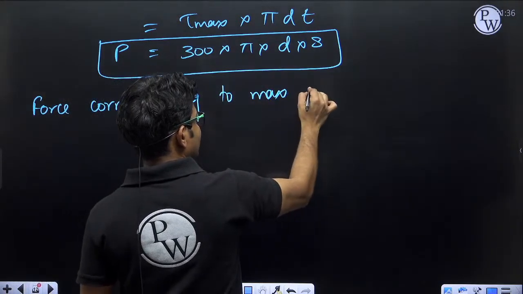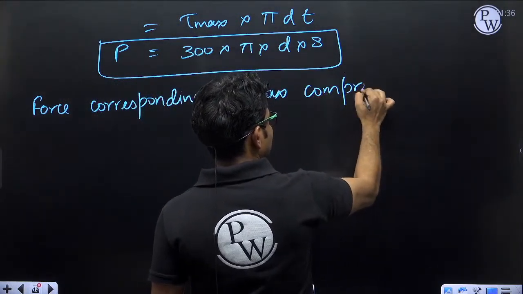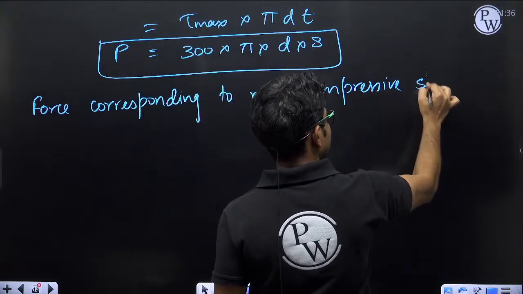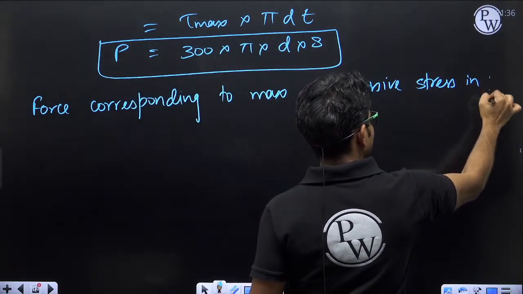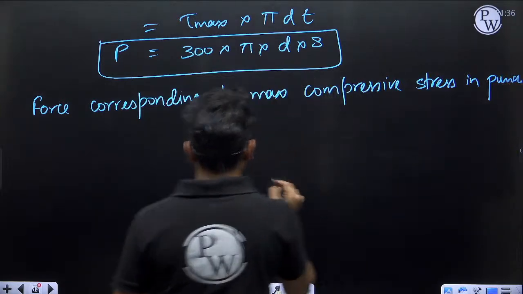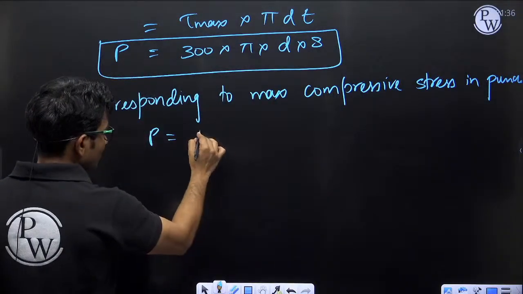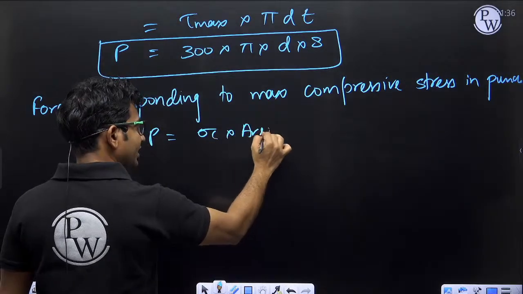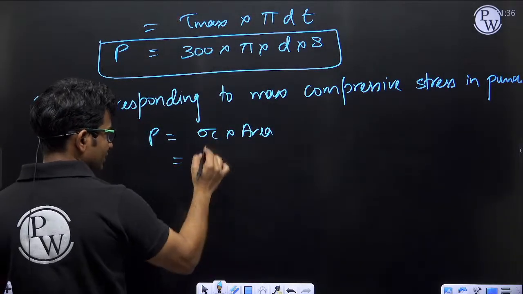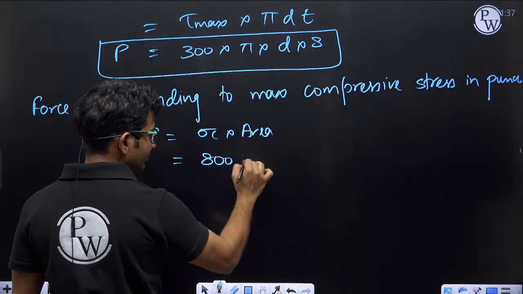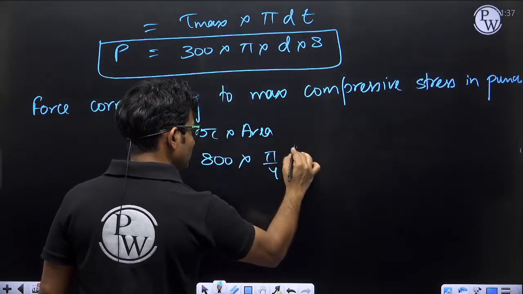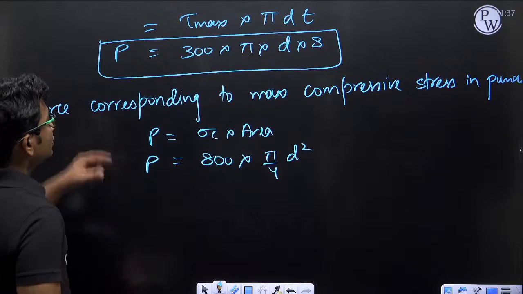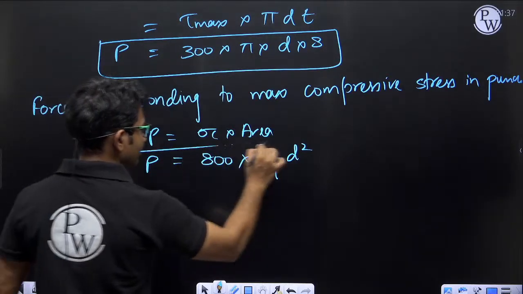So this force will be equal to maximum compressive stress into area, and here we will take the cross sectional area. So maximum compressive stress is 800 Newton per mm square into area, which is pi by 4 d square. Now this force and this force should both be equal to each other.